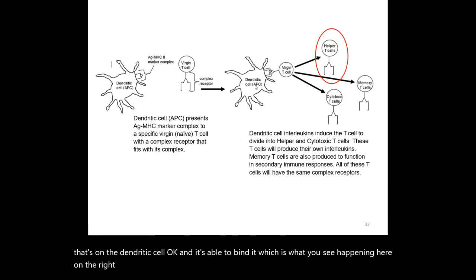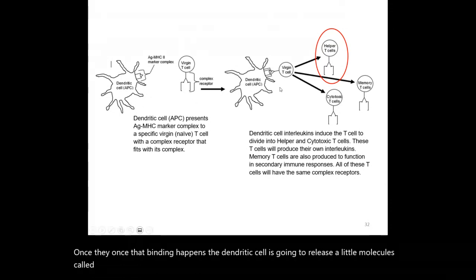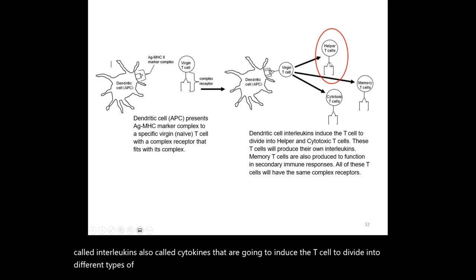And so once that binding happens, the dendritic cell is going to release little molecules called interleukins, also called cytokines, that are going to induce the T cell to divide into different types of T cells. We're going to have helper T cells, memory T cells, and cytotoxic T cells. It's the T cells that make cytokines, my apologies.